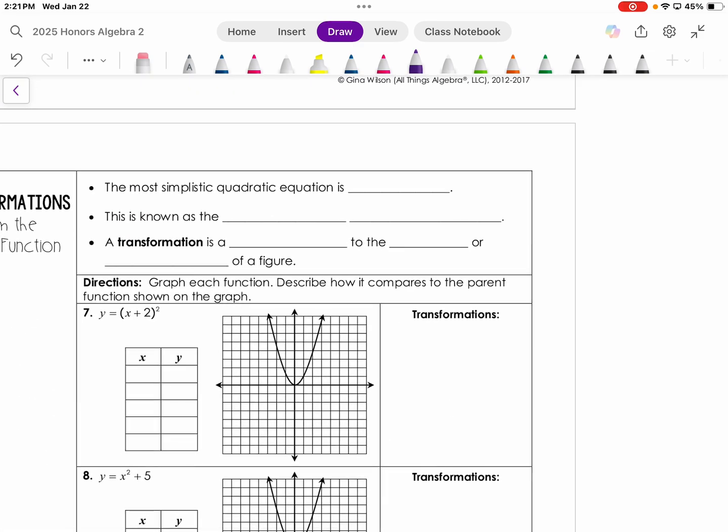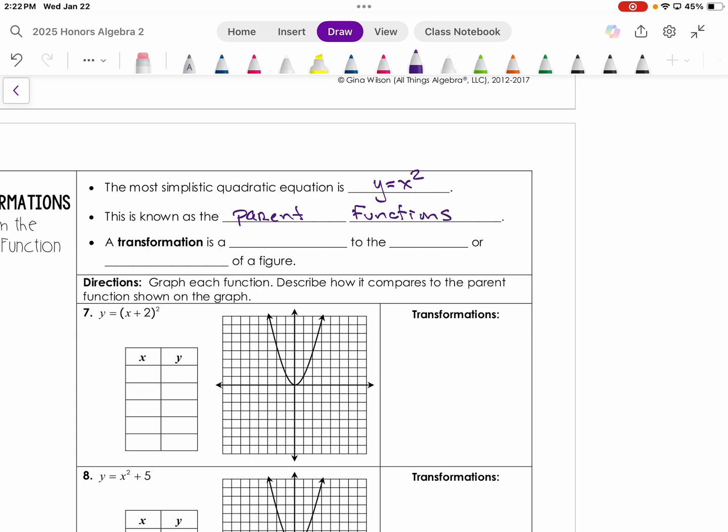Transformations. The most simplistic quadratic equation, of course, y equals x squared, the parent function. Okay, this is known as the parent function. This is the way the teacher wrote their notes here. I just happened to talk quicker than what's there.